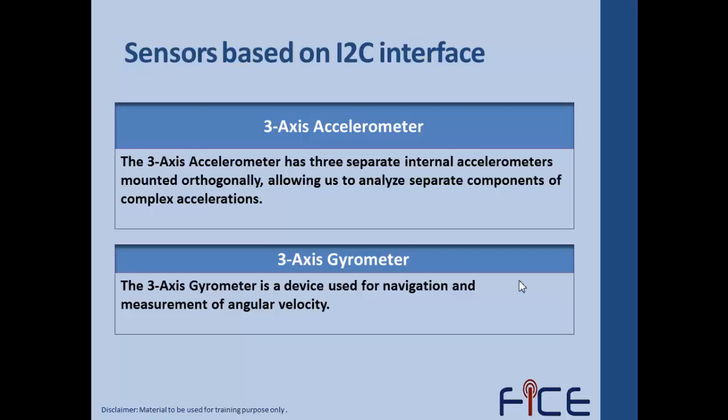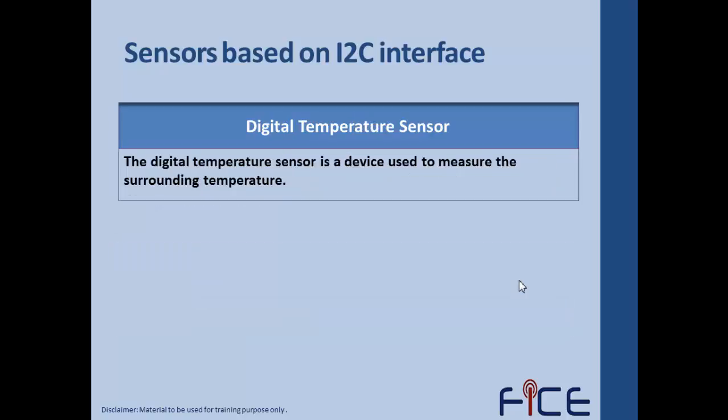In the same way, another sensor is the 3-axis gyrometer, a device used for navigation and measurement of angular velocity. And a digital temperature sensor is used to measure the surrounding temperature.